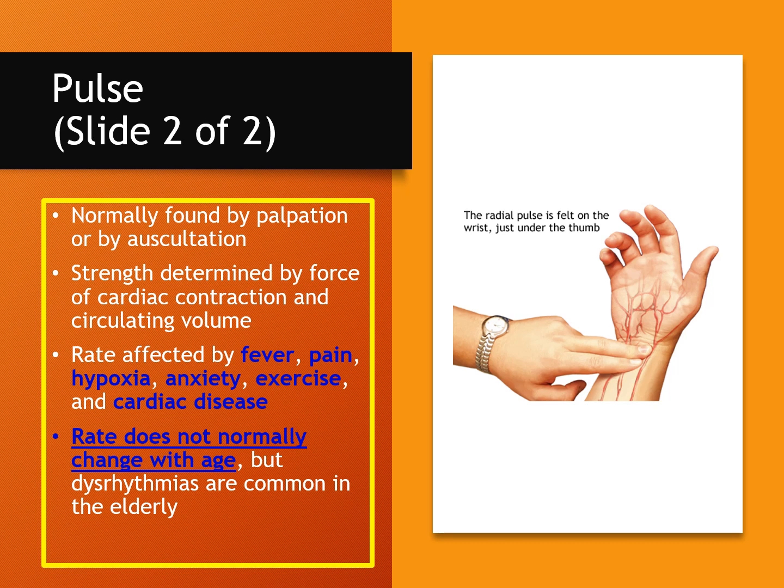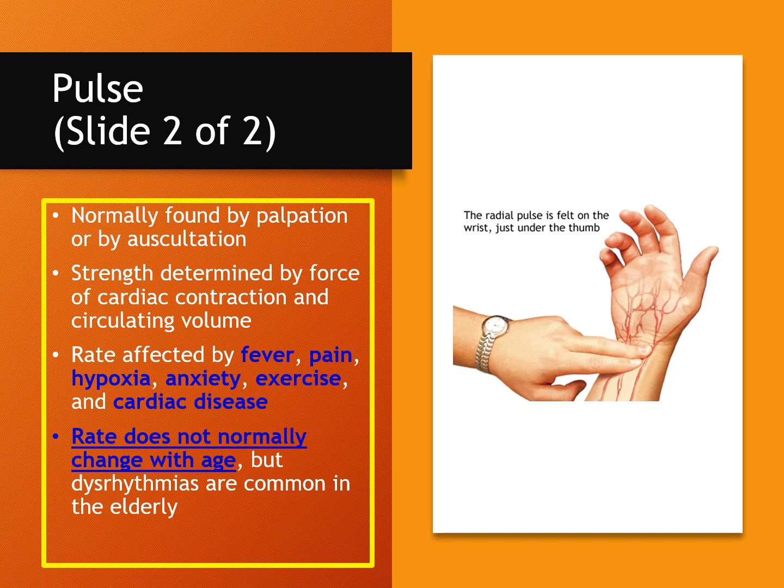The strength of the pulse is determined by the force of the cardiac contraction. So sometimes you'll feel a really bounding pulse, which is really, really hard, and you have no problem finding it. Sometimes it's very diminished, very thready, where you have to really, really search for that pulse. That rate is affected by fever or pain or hypoxia, anxiety, exercise.